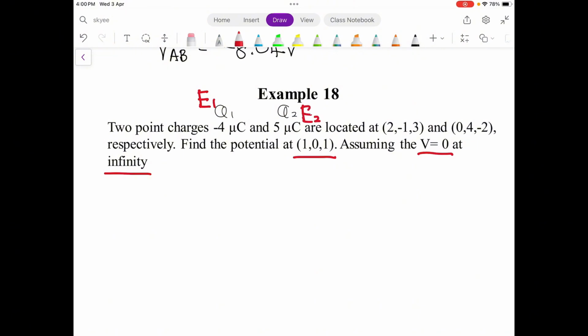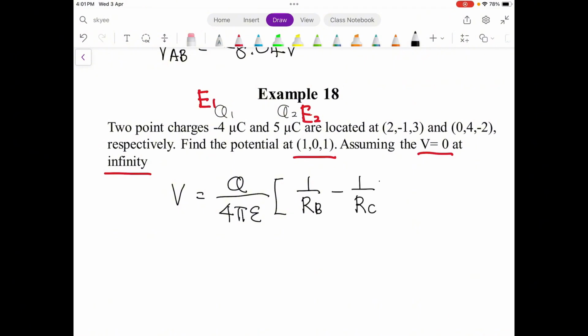Okay, so the equation for the voltage will be equal to Q over 4 pi epsilon times 1 over RB minus 1 over RC. So this one is contributed by only 1 charge.